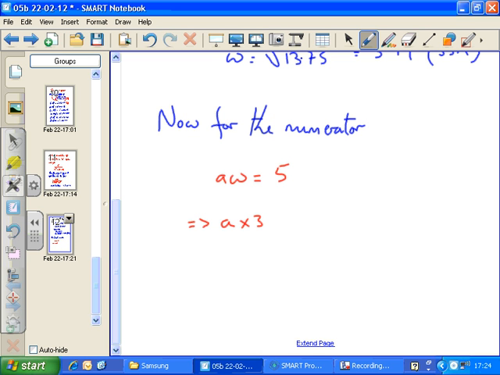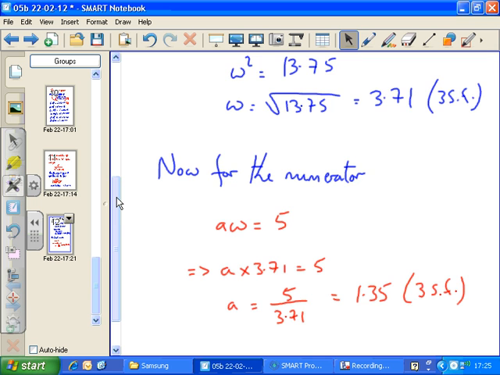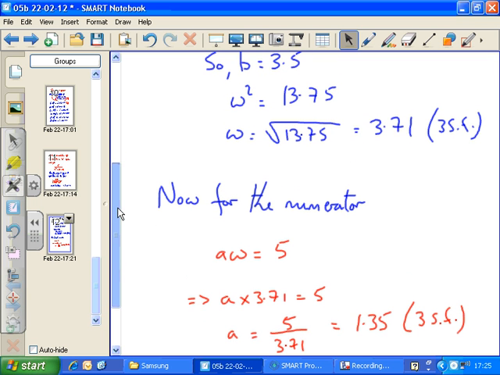A times 3.71 equals 5. So A equals 5 divided by 3.71, which is 1.35. Now, just to finish off today, yeah, that's fine.